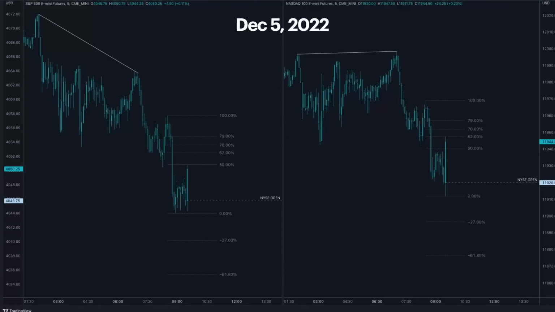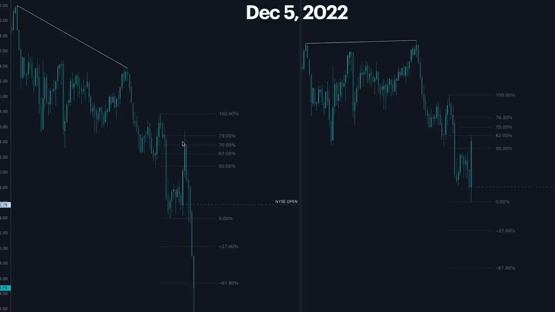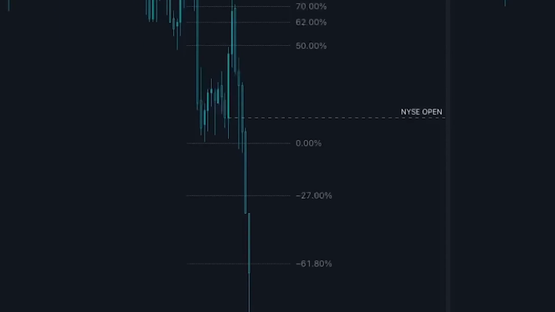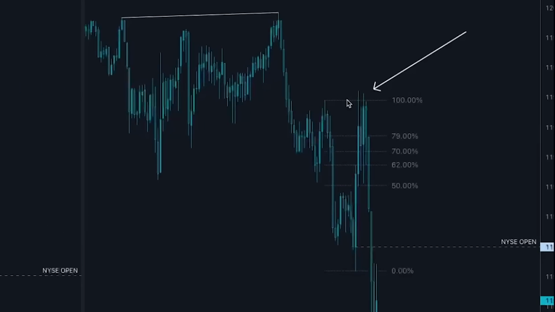We're looking to short. Well, in this case, the weaker one, S&P, reacts perfectly to our optimal trade entry area and sells off very sharply. And NASDAQ, as you can see, makes another run above this short-term high before continuing lower. So it does another liquidity grab right here.